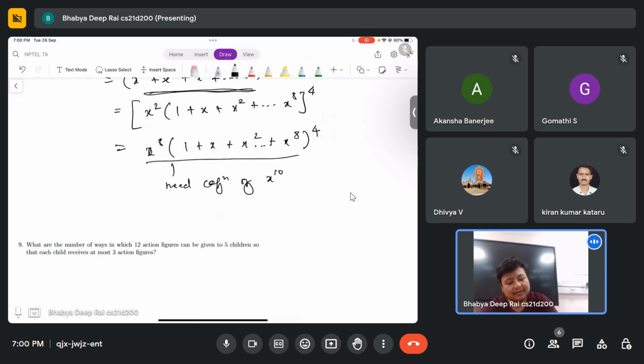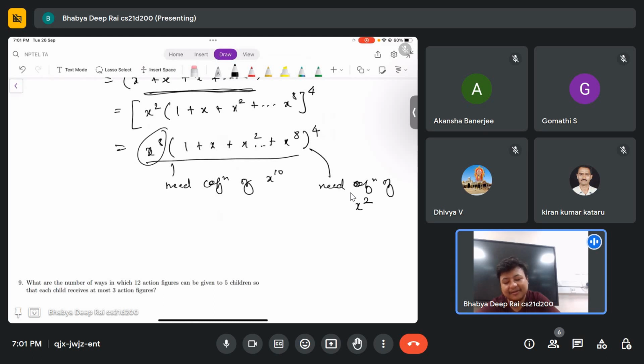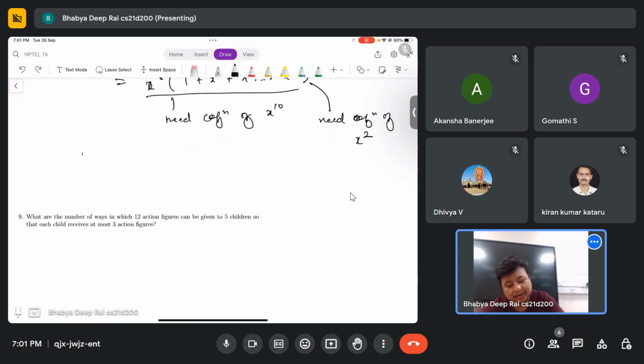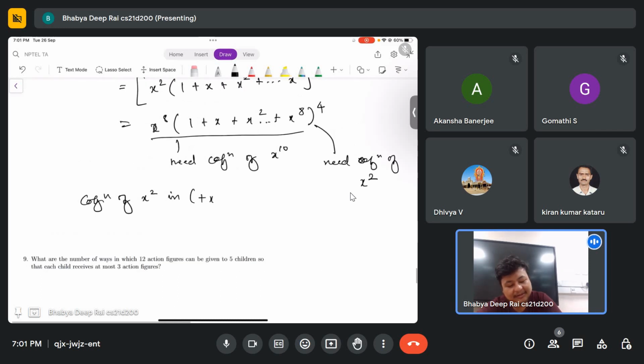Which is the coefficient of x to the 2, because it will eventually multiply with this x to the 8 to give x to the 10. So, coefficient of x to the 2 in this (1 plus x plus ... x to the 8) whole to the 4.